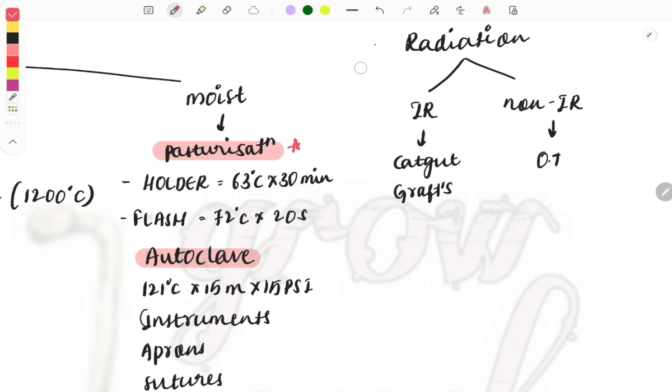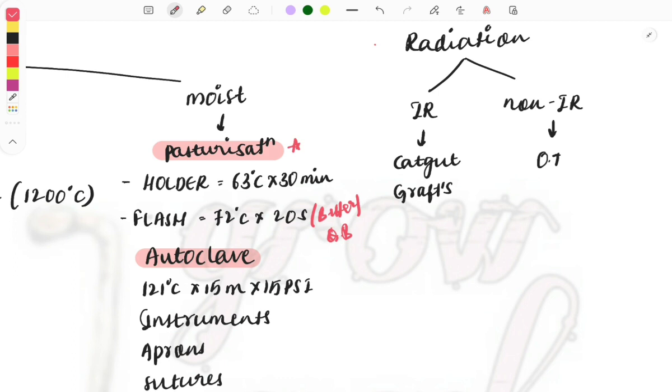63 30 for the holder, and for the flash it will be 72 20, 72 degrees for 20 seconds in case of flash. This one is preferred more nowadays and it is better because it kills Coxiella burnetii, because this is highly resistant and it needs a higher temperature to be killed.